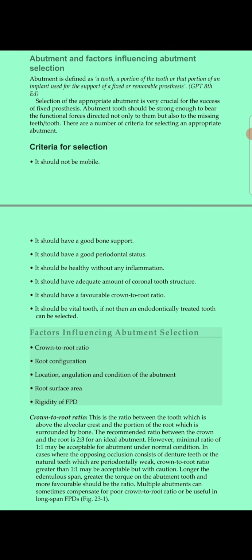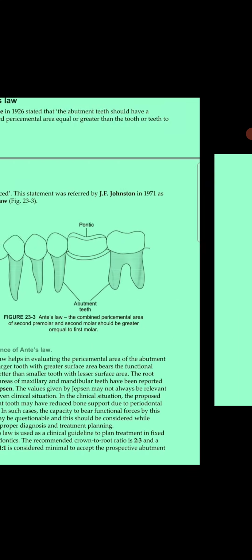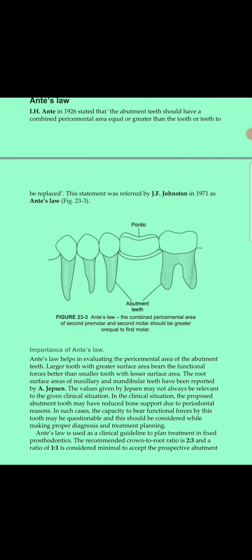Now first we start with the abutment definition. What is an abutment? Look at this diagram. This is the abutment tooth, which is used to support the prosthesis above it.